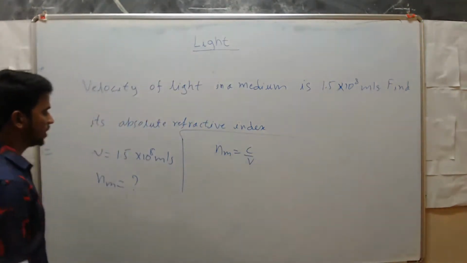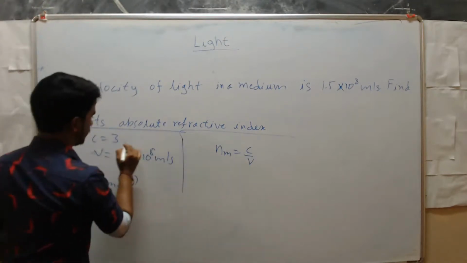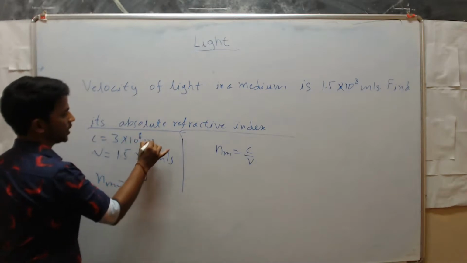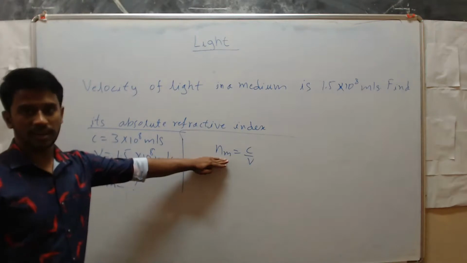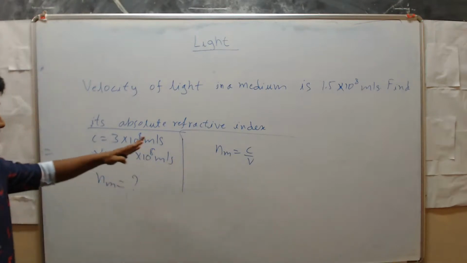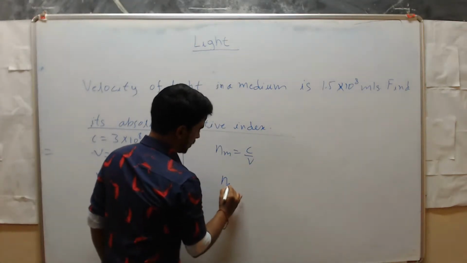So c means the speed of light in air or vacuum, that is equal to 3 into 10 raised to the power 8 meter per second. We need the absolute refractive index, the formula is already arranged.